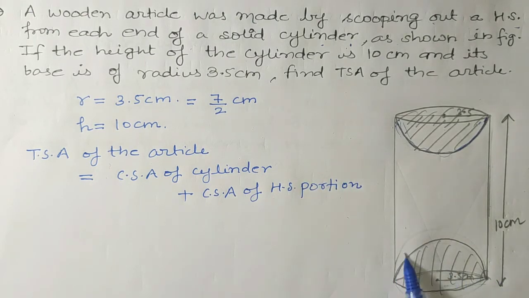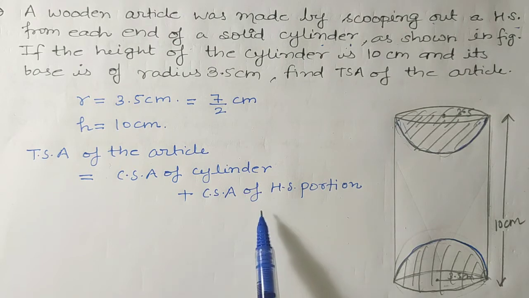Here also the same thing will be there. In the beginning hemispherical portion was not there, but after scooping out the hemispherical portion, this circular portion is now generated in the cylinder. So we have to add that also.